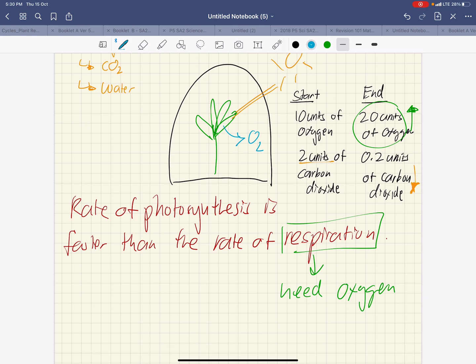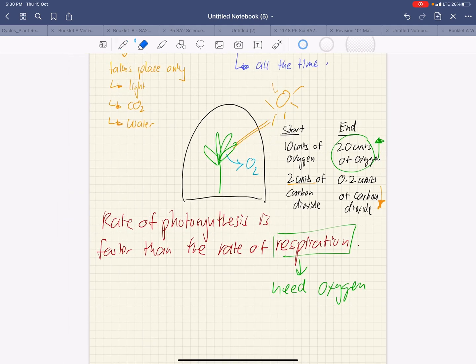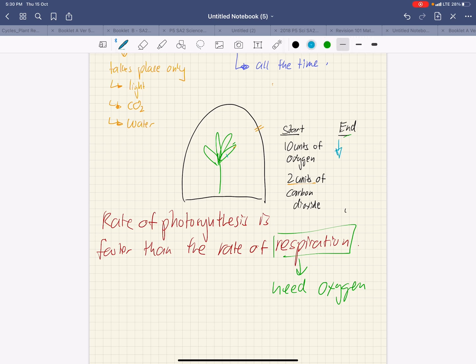So we really need to get this point cleared up. If not, there's going to be a huge issue. If you remove the sun, let's just say at night, there's no more sun, take note that your respiration will still happen. Remember, I told you respiration happens 24 hours. So what you should see is, instead of an increased amount of oxygen, there will be a drop in oxygen.